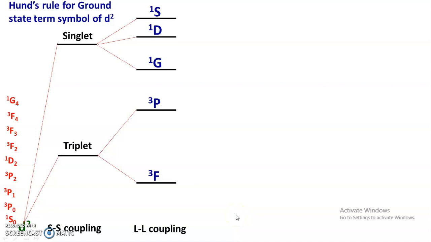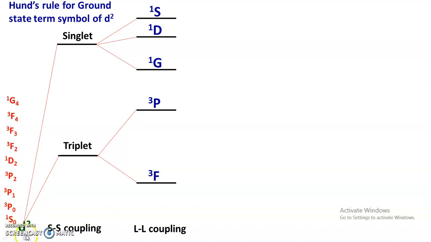Now the next part is the LS coupling. On the basis of LS coupling, these terms further split into term symbols. For the 3F term there are three term symbols, 3F4, 3F3 and 3F2. Again, as per the third Hund's rule, for a given L value, the term with smallest J value is most stable if the subshell is less than half filled.